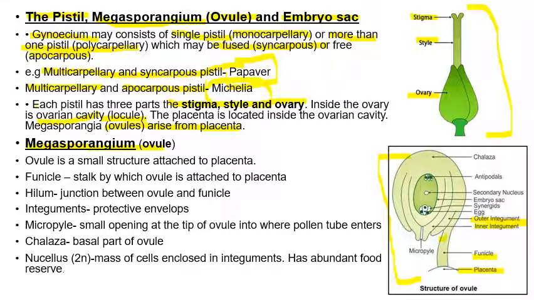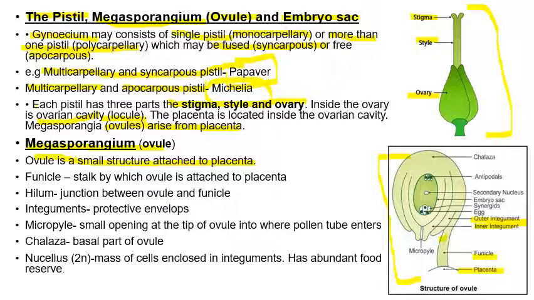The ovule is the small structure attached to the placenta. Placental arrangement may be of different types: if the placenta is attached at the base, it is called basal placentation; if attached to the axis, axial placentation; if attached to the periphery, parietal.